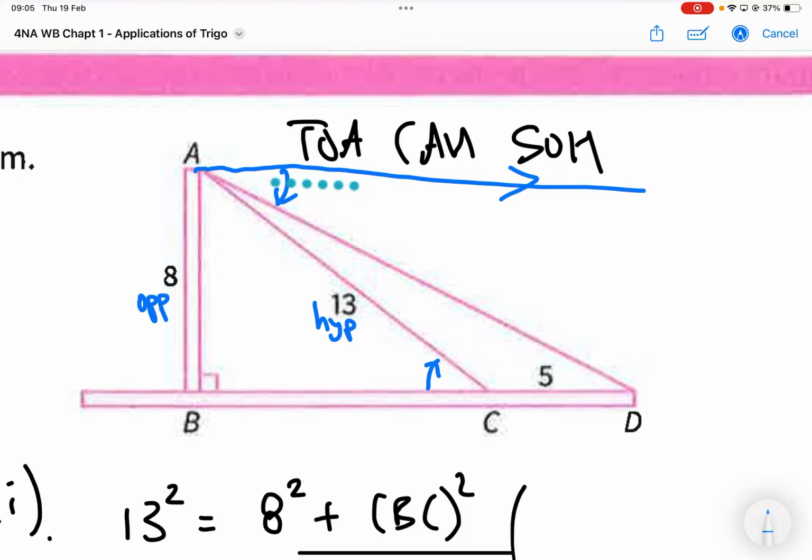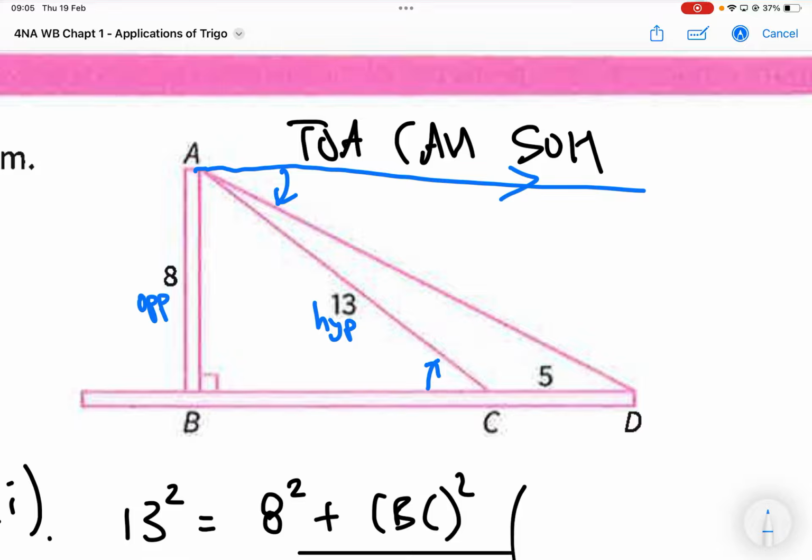There are two ways. Actually, both are similar. One way is using the alternate angle. Finding this angle is the same as finding this angle. The other way is, here is horizontal, meaning that is 90 degrees.